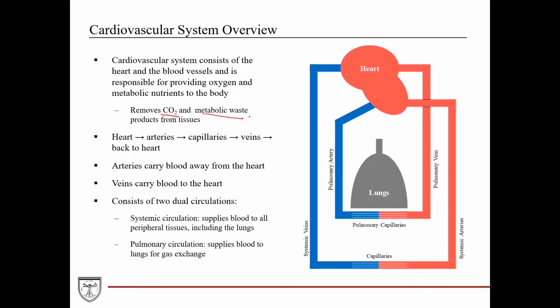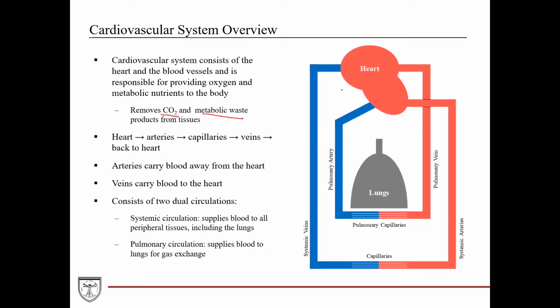So you have metabolism going on and you feed it through oxygenated and nutrient-rich blood. And then as a result of metabolism, you produce CO2 and other metabolic waste products that, if they stick around too long, can be toxic for tissues. And so they get drained out by the venous system carrying blood back to the heart.